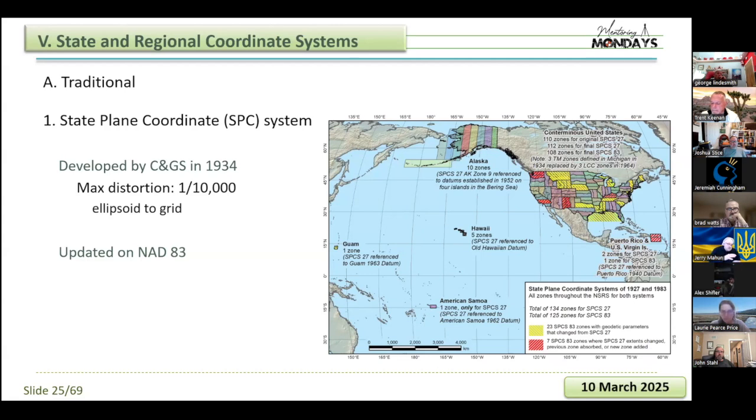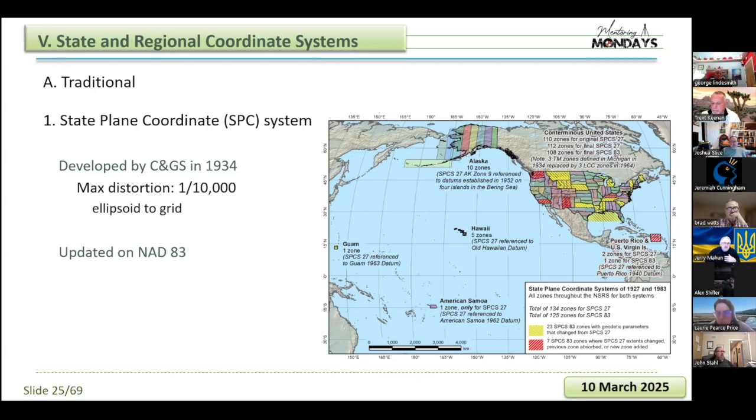Basically, what that said is, if you needed an accuracy of 1 in 10,000 or less, you could ignore the difference between ground and the two systems. But if you needed something more accurate than that, then 1 in 10,000 was the cutoff point. And in order to maintain that accuracy, you couldn't put the whole state onto one zone. You'd have to break it up into pieces.